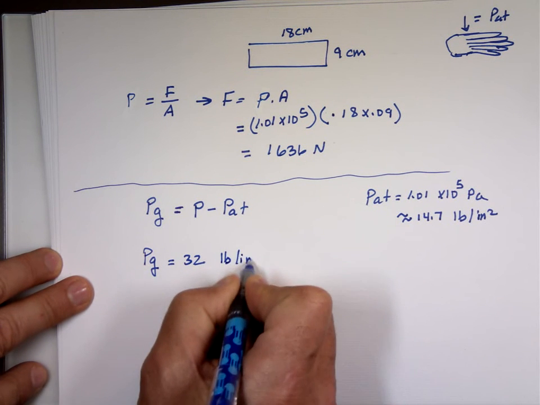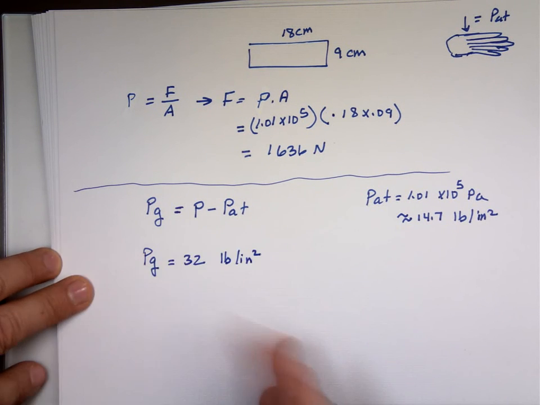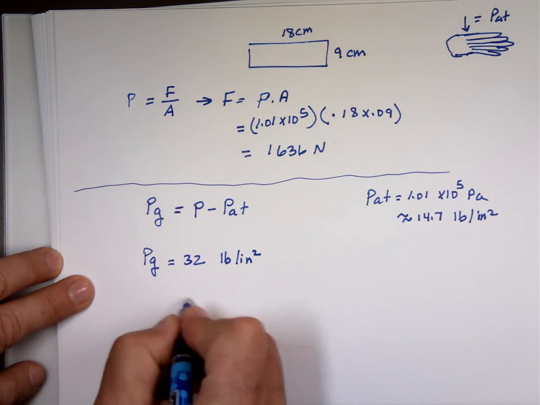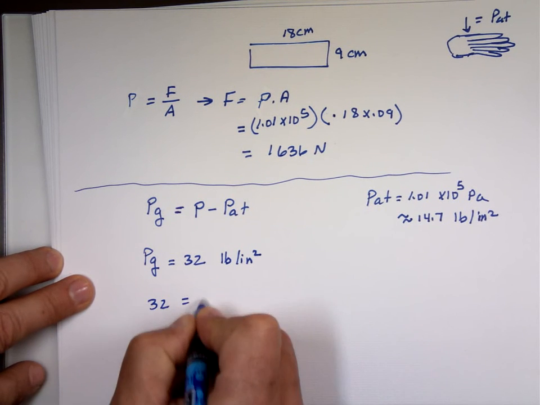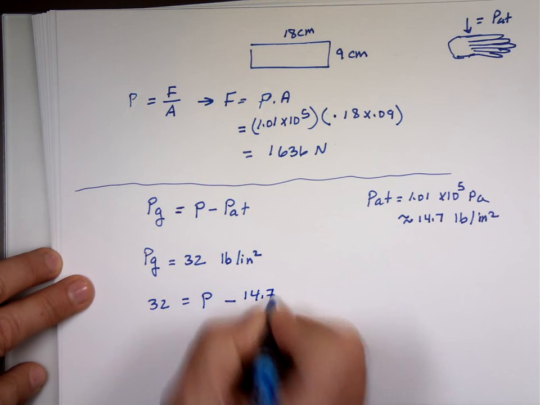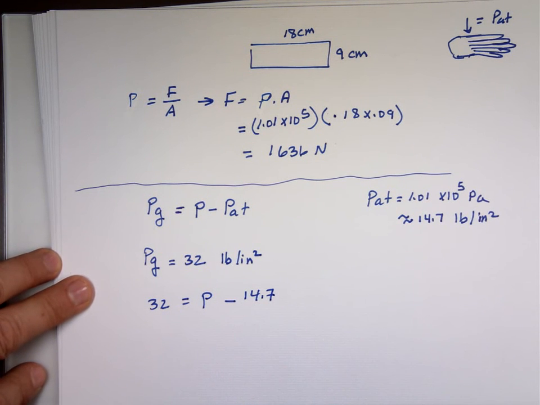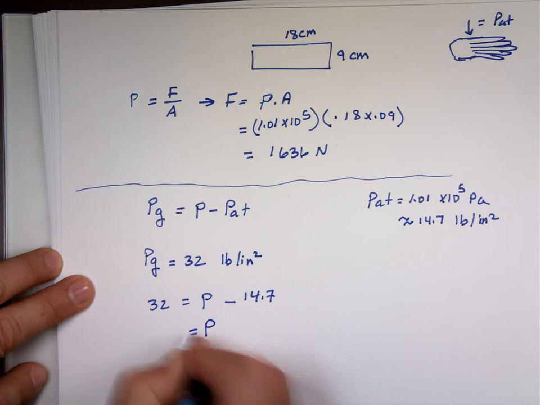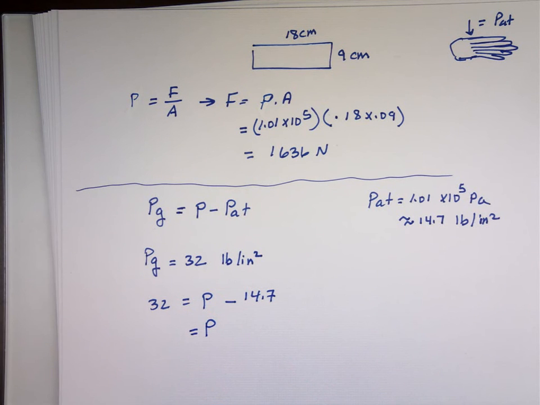What is the pressure on the inside of the tire? Well, 32 equals the pressure on the inside minus the atmosphere pressure, which is 14.7. So the pressure is 32 plus 14.7, which is 46.7.